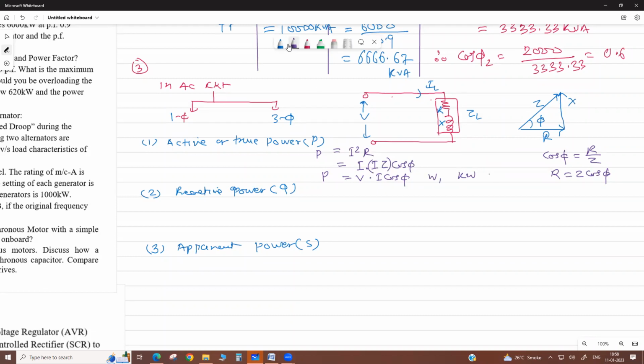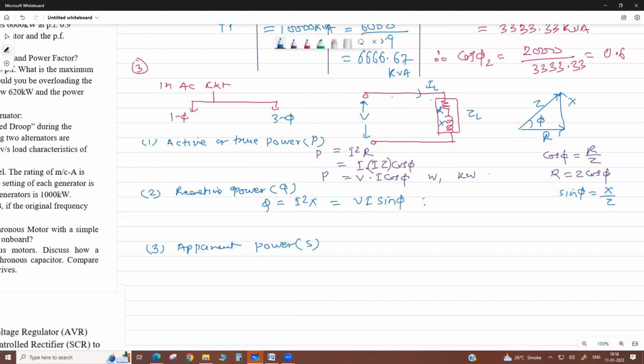Then reactive power is developed across the circuit reactance, means it is I square X, and denoted by Q. And if you apply sin phi equals X to Z ratio, again it is VI sin phi.